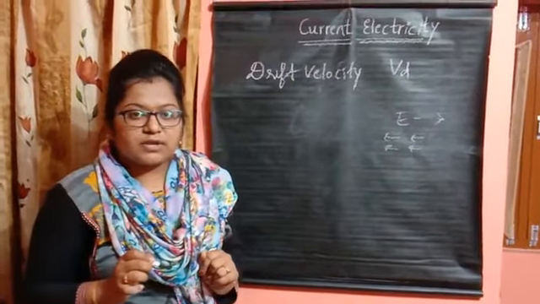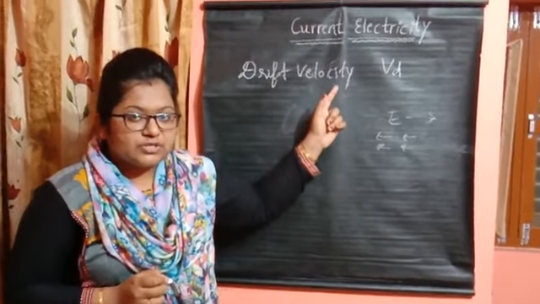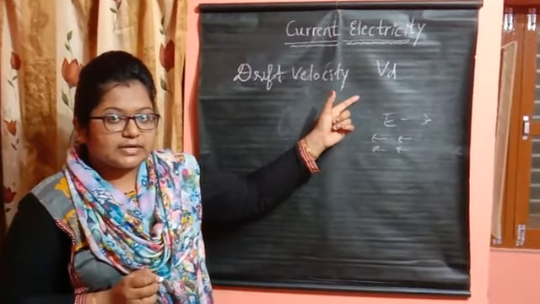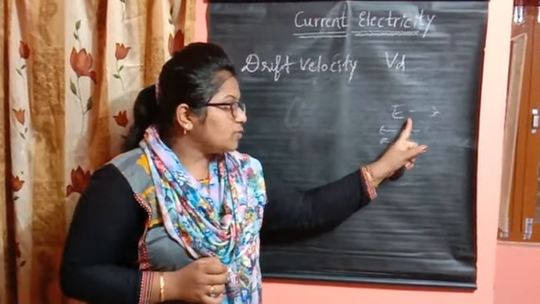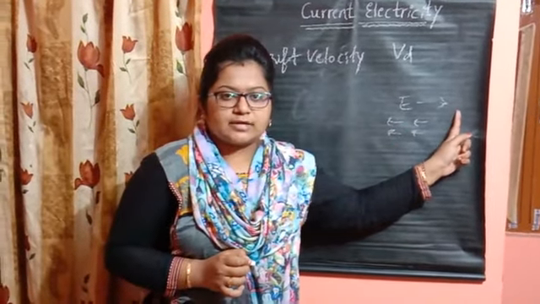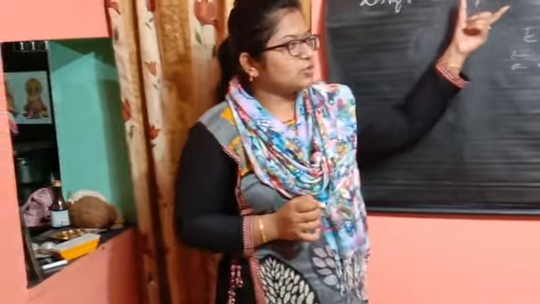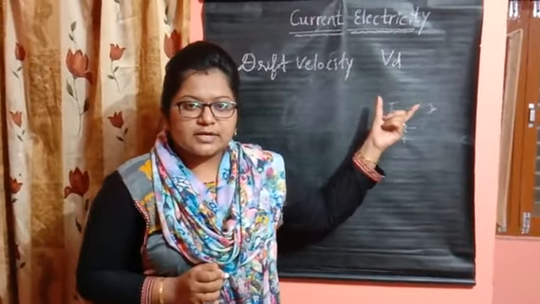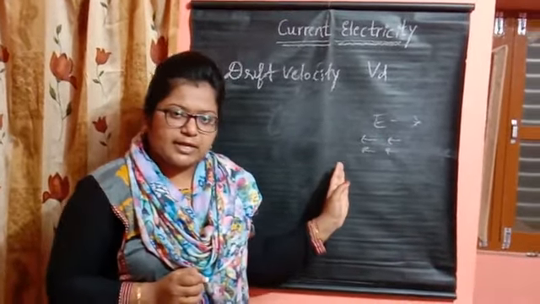So how can we frame the definition? The average velocity with which free electrons in a conductor are moving in a direction opposite to the electric field.